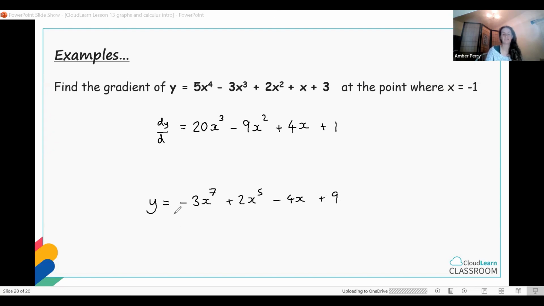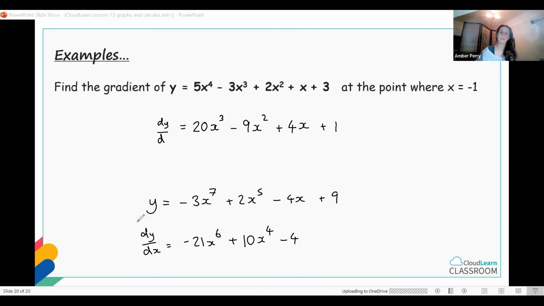Okay, so here times the 7 by the minus 3, so dy by dx is going to be minus 21x to the power of 6, plus 5 times 2 is 10x to the power of 4. Now this just becomes minus 4 because the x is just to the power of 1 there, and then this 9 just disappears, so it should just be that.